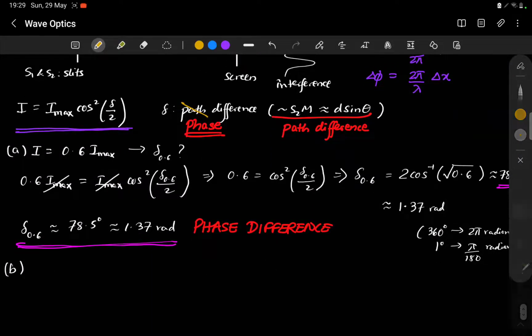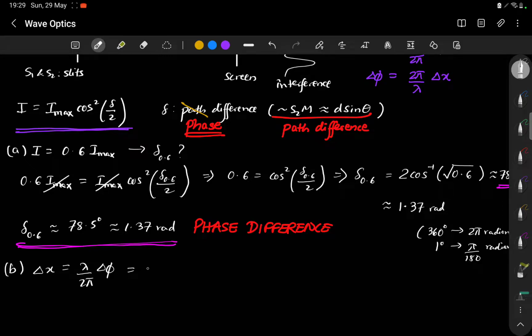So let us come back to the question. We have the path difference related to the phase difference as follows, and the phase difference in our case is delta for 60%, and the wavelength we are given is 500 nanometers.